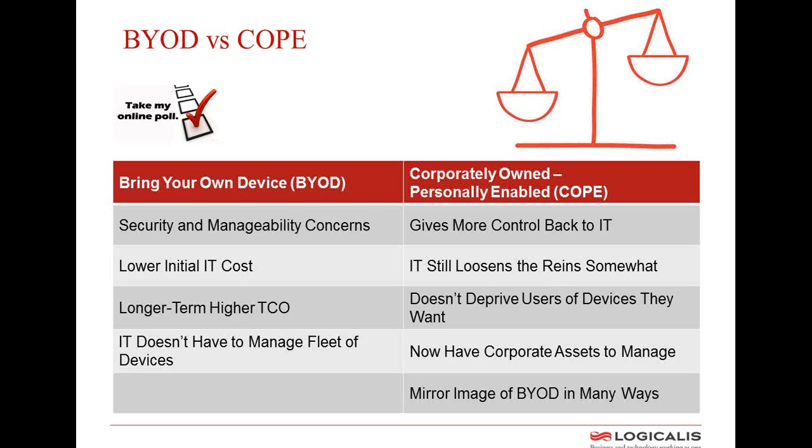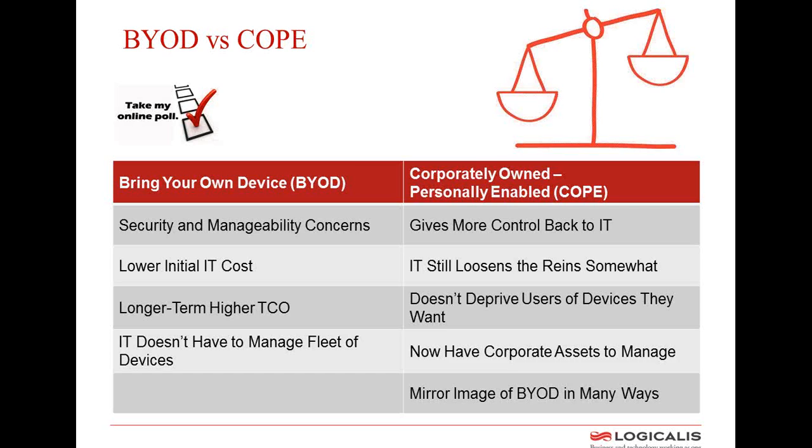So rather than having users bringing in their own devices, that could be any type of hardware, any type of operating system, and any type of software and apps installed on them, it's the reverse approach, where the enterprise purchases a range of devices, potentially installs enterprise applications on them, and then gives them over to the employees to pretty much do with as they please, to still use them as a personal device as well.